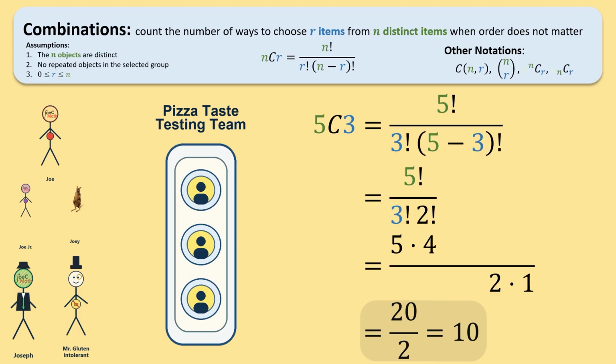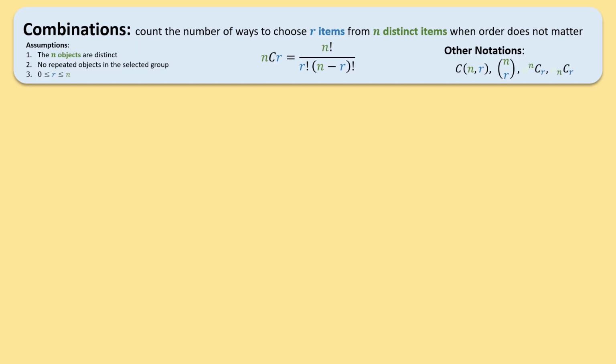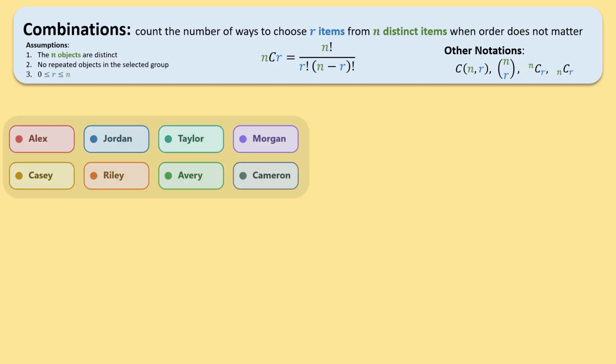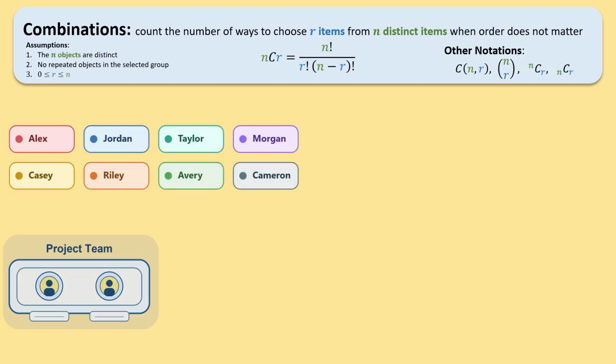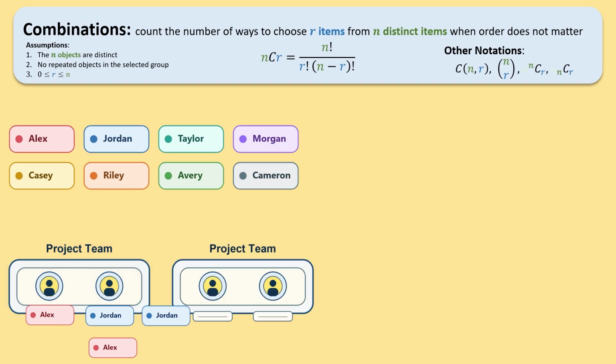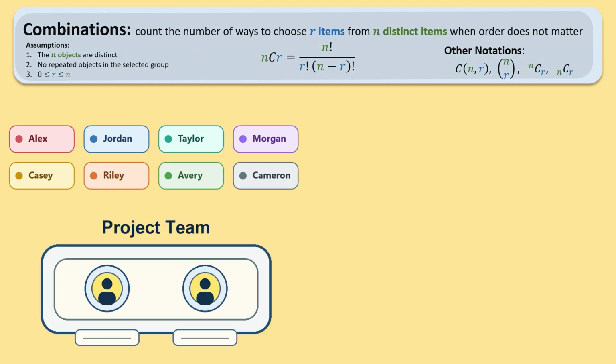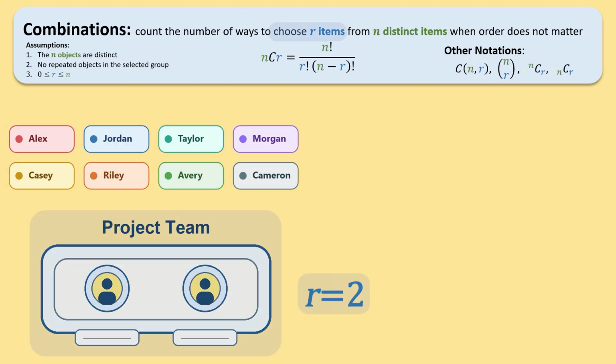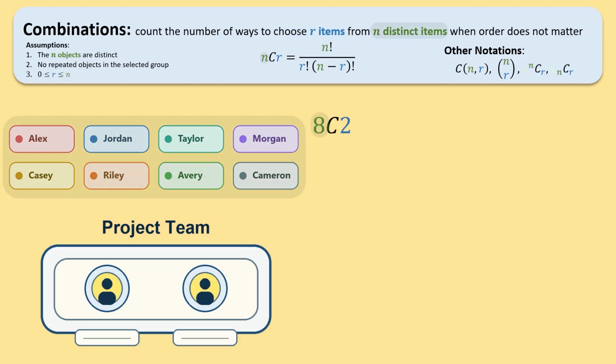Let's look at one more quick example. Suppose we have 8 students, and we want to choose 2 of them to work together on a project. Since there is no first position or second position, order does not matter here. Alex and Jordan is the same group as Jordan and Alex. So here we are working with combinations. We have a total of 8 people and we're choosing 2 of them, so we write this as 8C2.